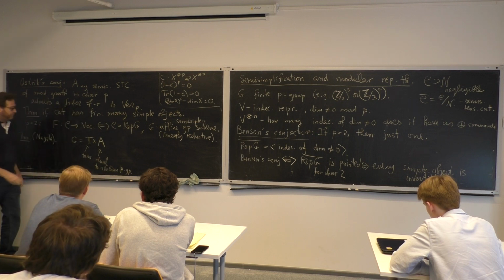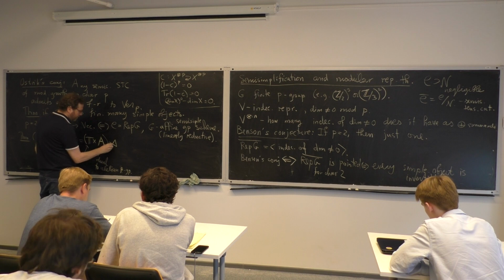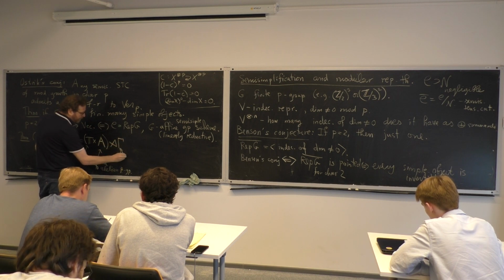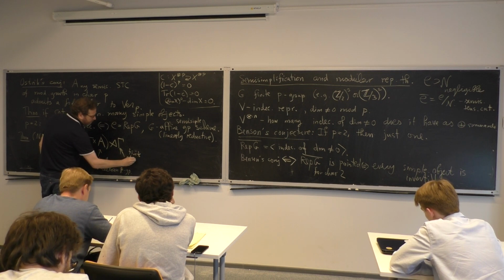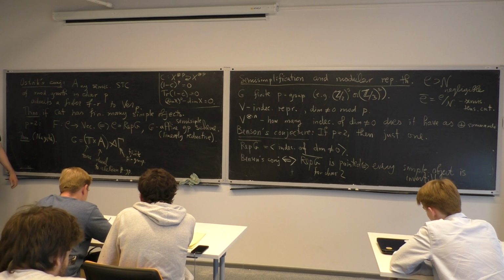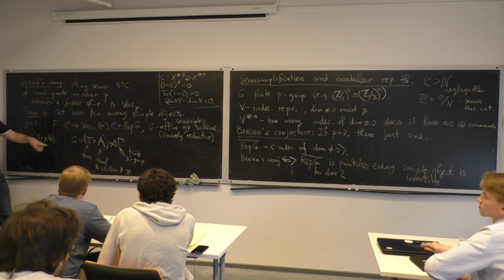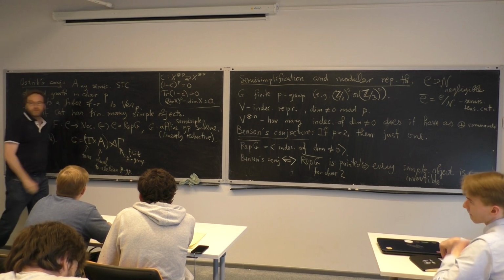And then you can act on it by gamma, which is a p-prime finite group, which means it's of order relatively prime to p. So it acts on this and on this, and you take the semi-direct product.